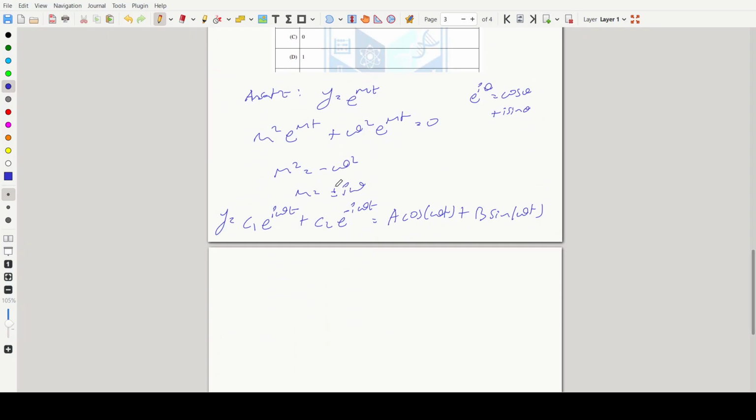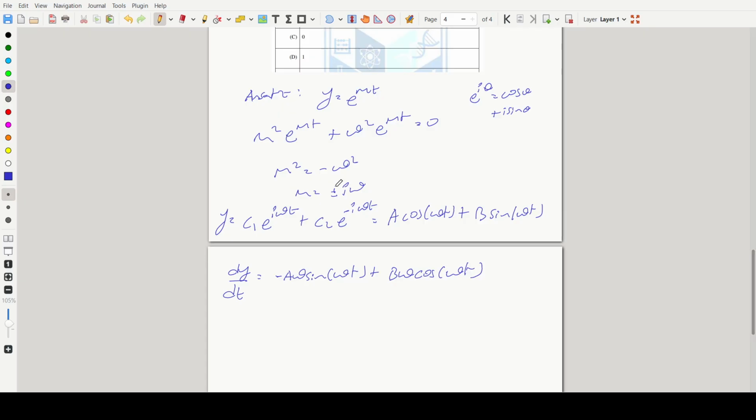Okay, so let me differentiate this once. I obtain minus a omega cos omega t and b omega. Oh no, that becomes sine. So sorry about that. Sine, and this would be cos.